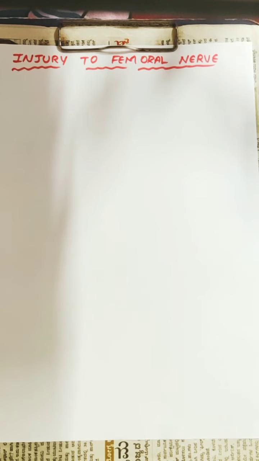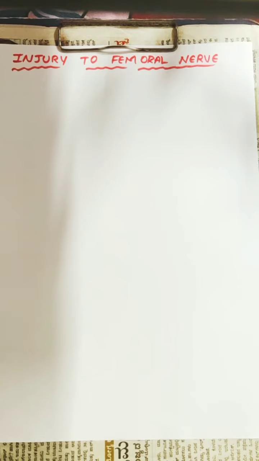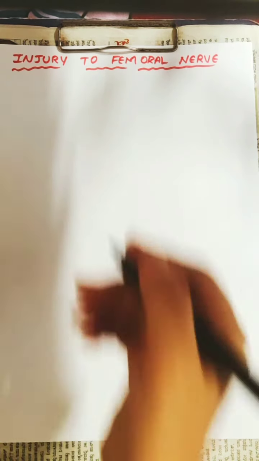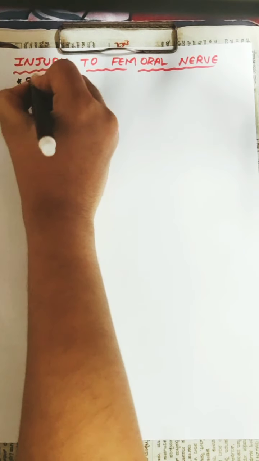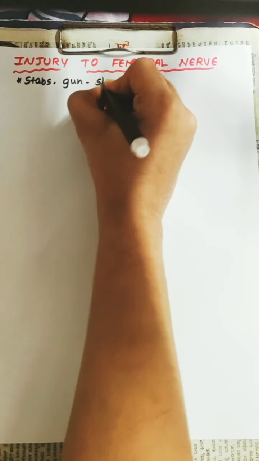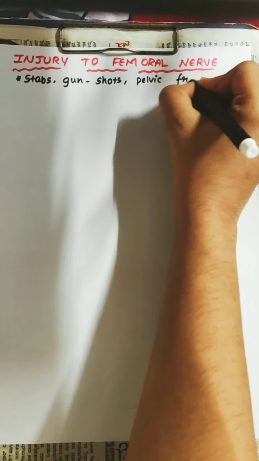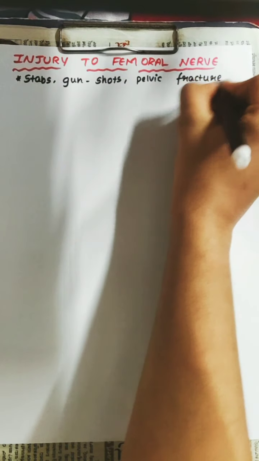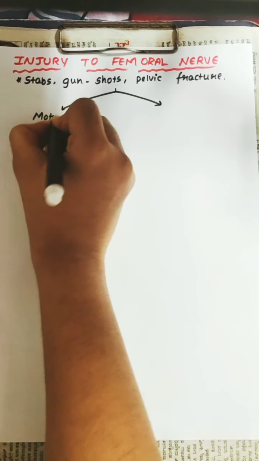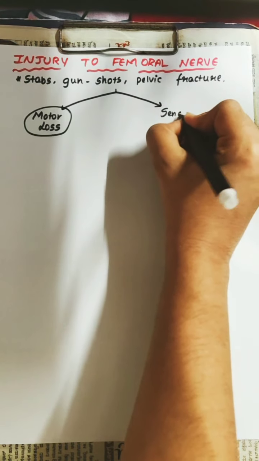There might be stabs, gunshots, or pelvic fracture. It might lead to various motor losses and sensory losses in our body. So we'll see what happens. If we have stabs, gunshots or a pelvic fracture, then we might have motor loss as well as sensory loss.